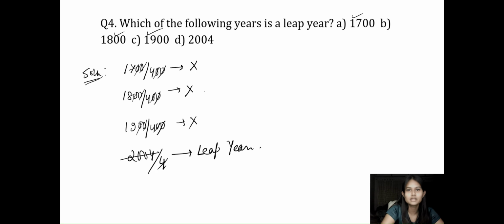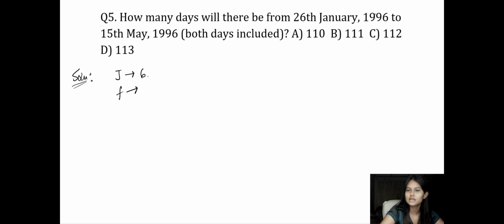1996 is a leap year. So February has 29 days. March has 31 days. April has 30 days.